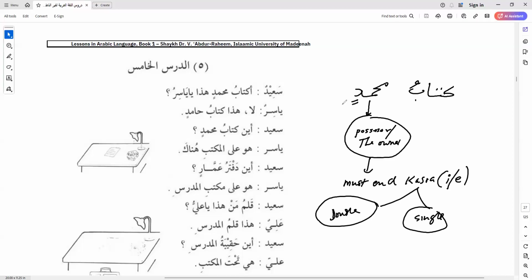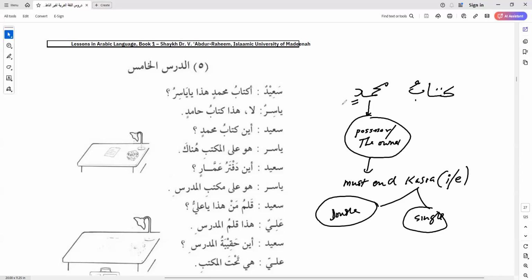So in Arabic too, we can say Al-Muhammad, and it means it's a family name. Most Arabic family names begin with Al.